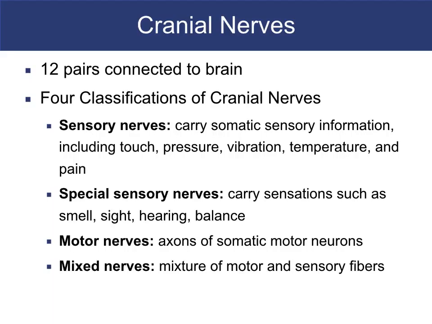So there's 31 sets of spinal nerves, and there are 12 cranial nerves. Now, what does cranial nerve mean? Brain nerve. It just means the nerve comes directly out of the brain. That's the only thing that makes it different in any way. They don't come out of the spinal cord. They come out of the brain.